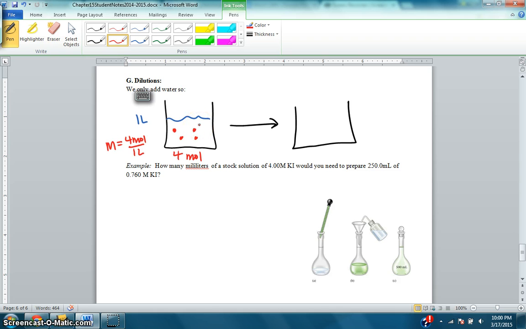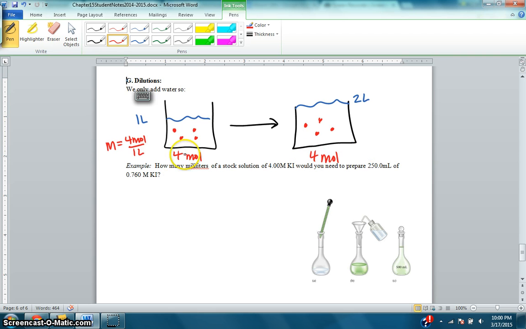Now we know that he didn't like that fully loaded Gatorade, so he added even more water to it. So he took his Gatorade, and he added more water to it. So instead of it being only a liter in volume, maybe it was now 2 liters. But the only thing he added was water. So we still had those 4 moles.